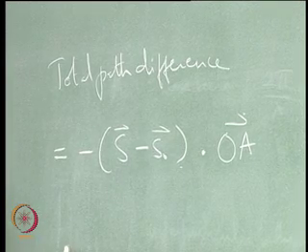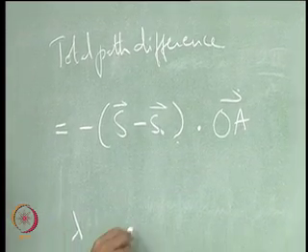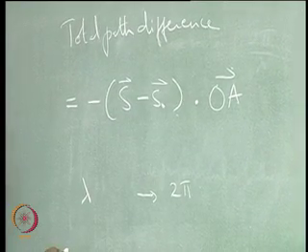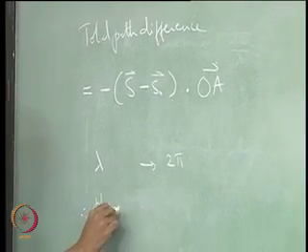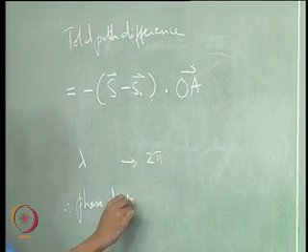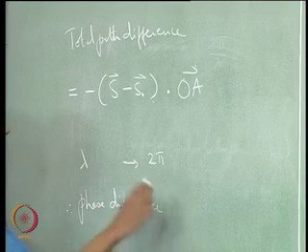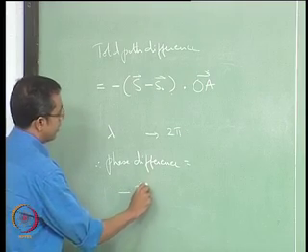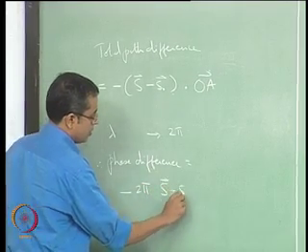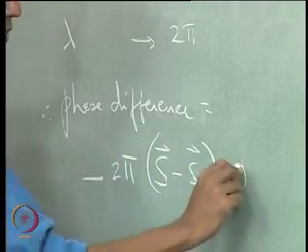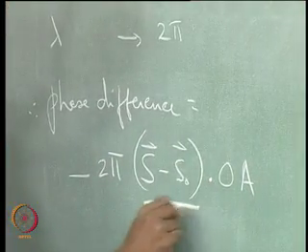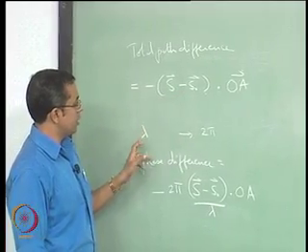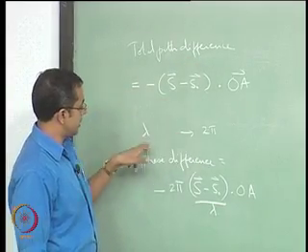Now we basically say that a path difference of lambda is a phase difference of 2 pi. So to get this path difference, the phase difference is equal to minus 2 pi into this quantity, minus S minus S naught dot OA, divided by lambda.